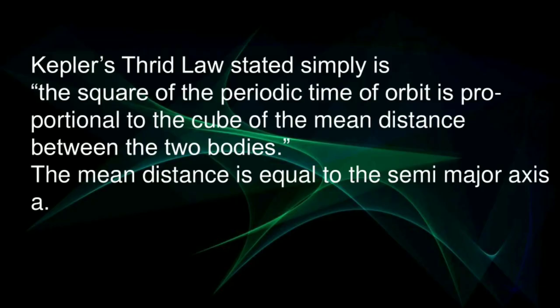Kepler's third law stated simply is the square of the periodic time of orbit is proportional to the cube of the mean distance between the two bodies.